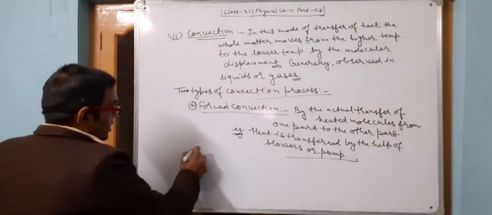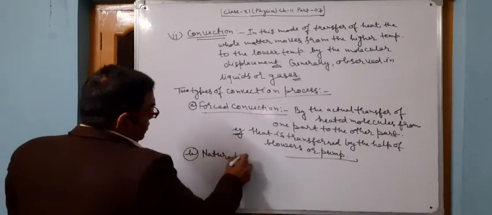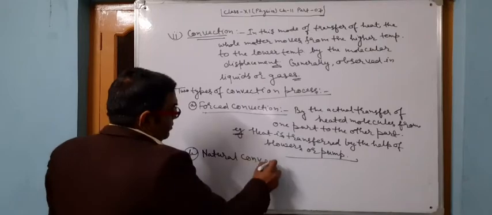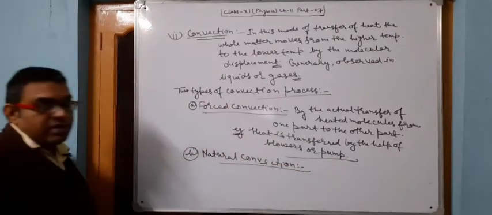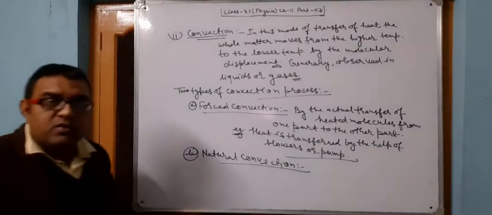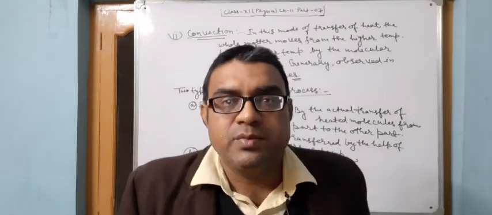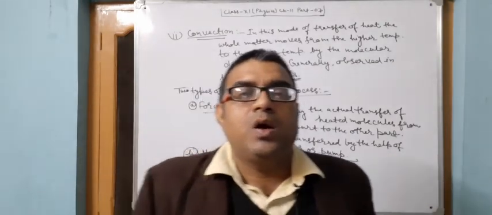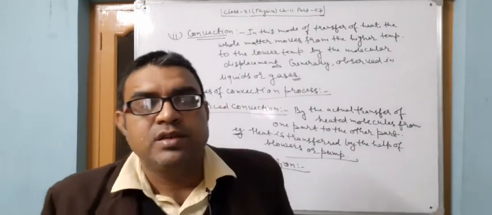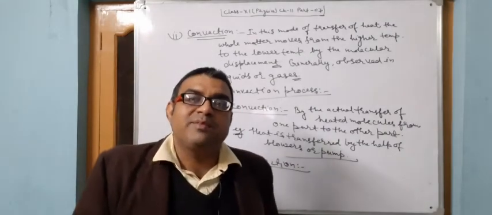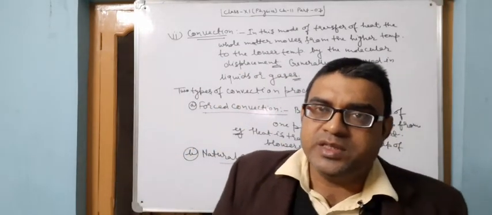And second is the natural convection. Natural convection is what you had seen, that the convection taking place while boiling of water, or land breezes or sea breezes, or trade winds from equator to polar regions and polar regions from equator region, or land breezes and sea breezes.